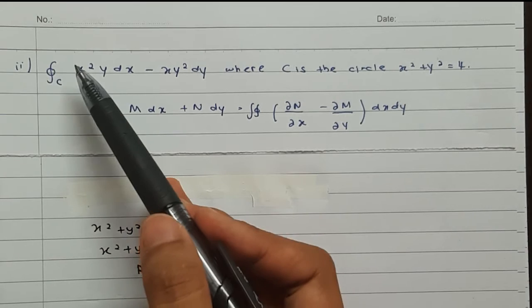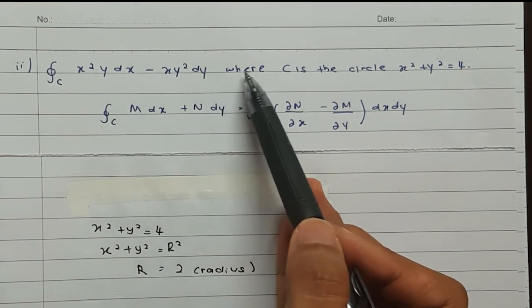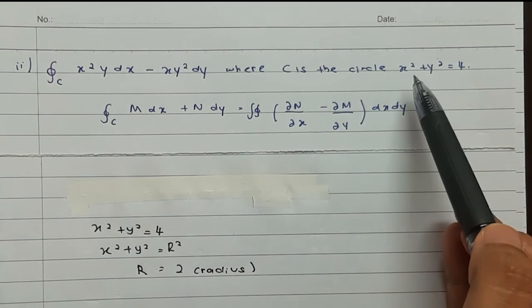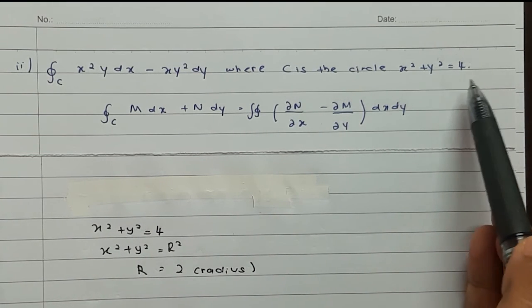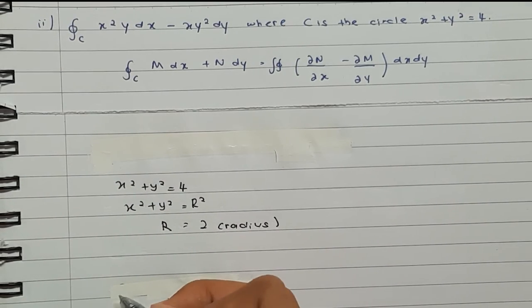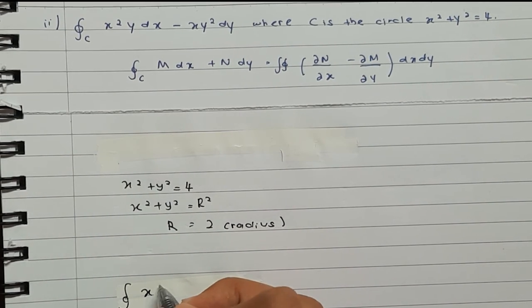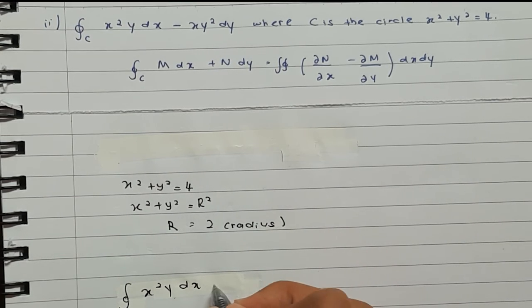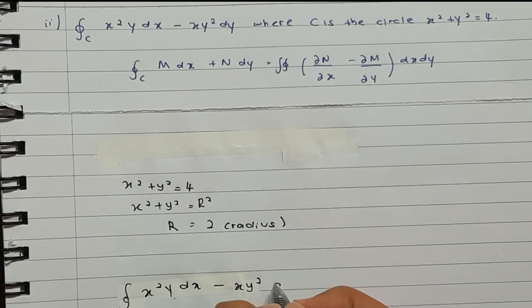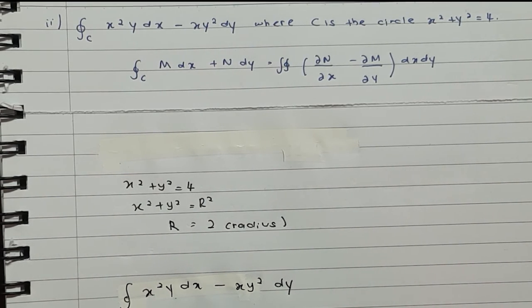Question number 2, we need to find the integral of x squared y dx minus xy squared dy, where C is the circle x squared plus y squared equal to 4. So we need to compare the equation with the theorem. For x squared y dx minus xy squared dy, M equals x squared y and N equals negative xy squared.